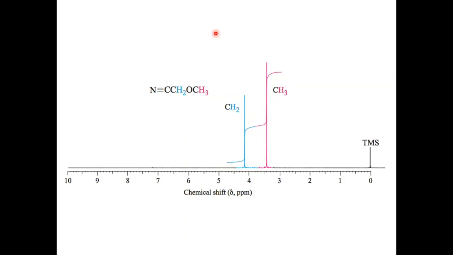Now the next thing before we move further is why the chemical shift value of the blue protons is noticeably higher than that of the red protons. The red protons, you see, have a chemical shift value here of 3.4 ppm. Why? Basically, the red protons are under the direct influence of a single oxygen atom.